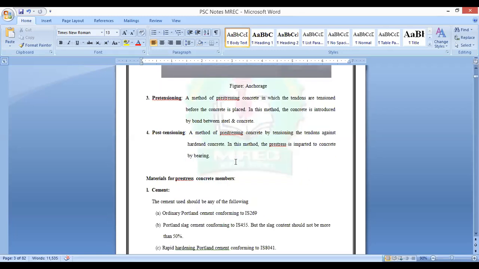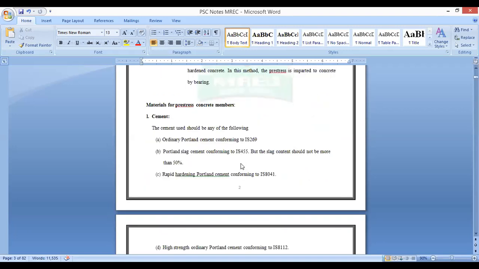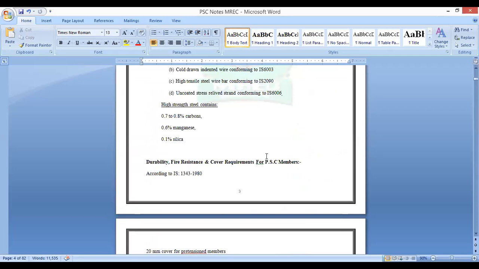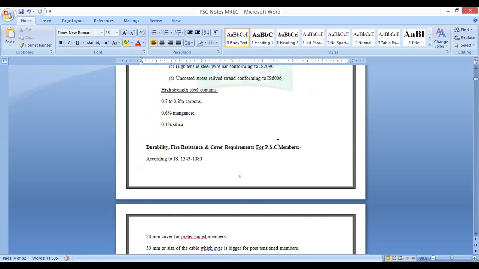And coming to the materials of pre-stressed concrete members, what materials are going to be used there, like cement, concrete, and steel in terms of pre-stressing steel. And what are the major considerations in terms of durability, fire resistance, and cover requirements for pre-stressed concrete members, as per 2001.